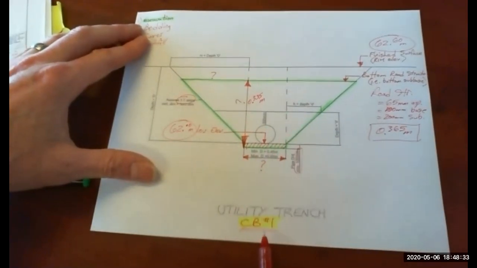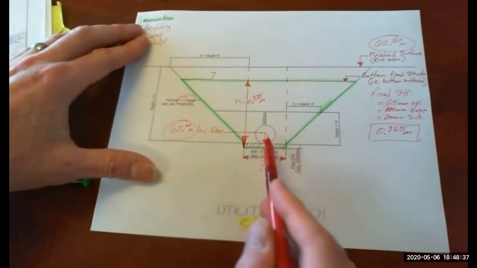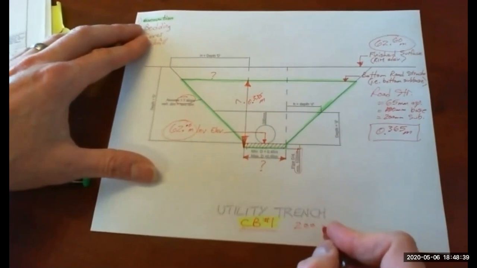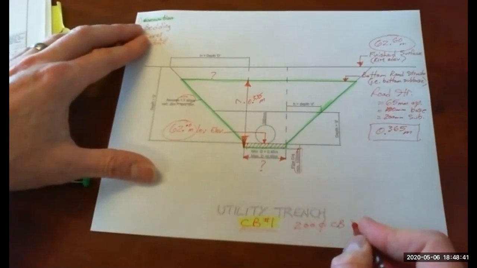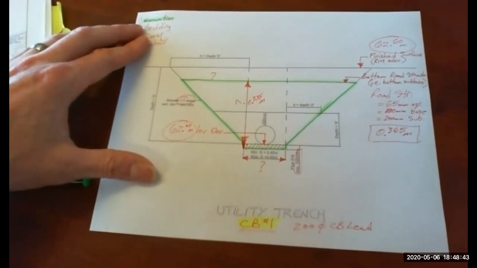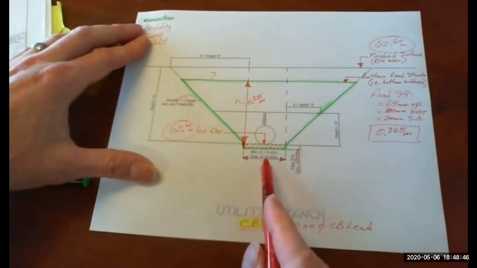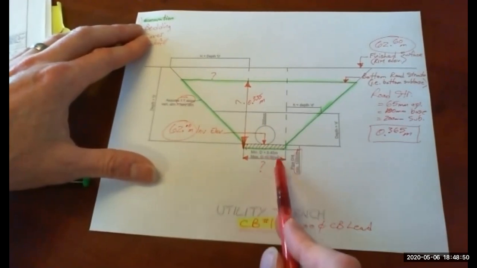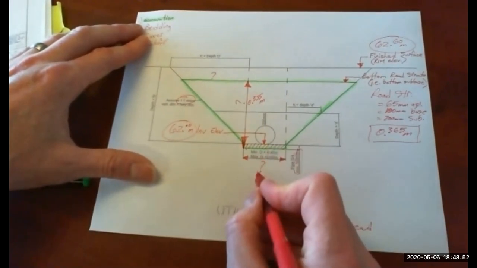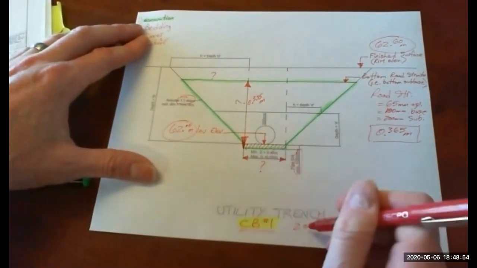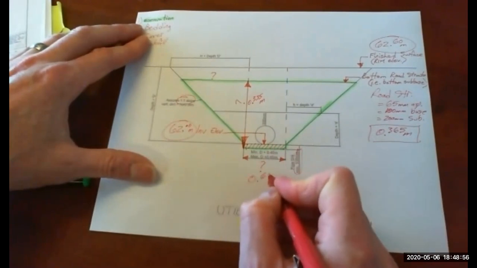Now, because we're calculating a catch basin trench, our pipe is only 200 diameter. So 200 CB lead. So what's our minimum width here? So a D, which is 0.2 plus 0.45. So our width here is 0.45 plus 0.2, so 0.65.